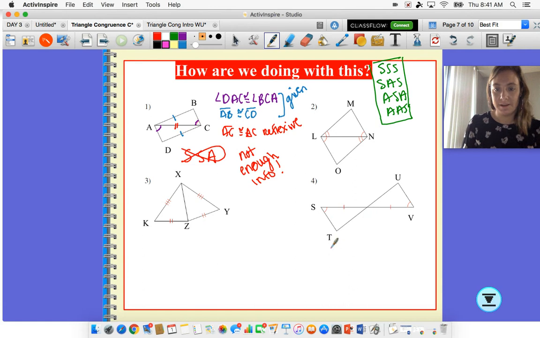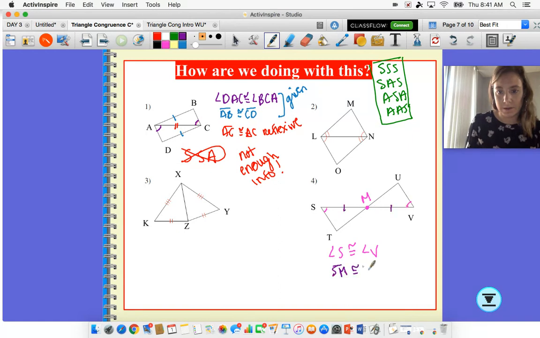Here, we've got angle S is congruent to angle V. I can use one letter because there's only one vertex there. I need a point here. Let's call it M. Then we also know by what's marked off, SM is congruent to VM. This stuff is given to us.